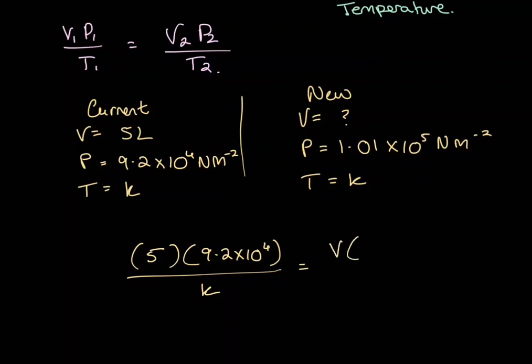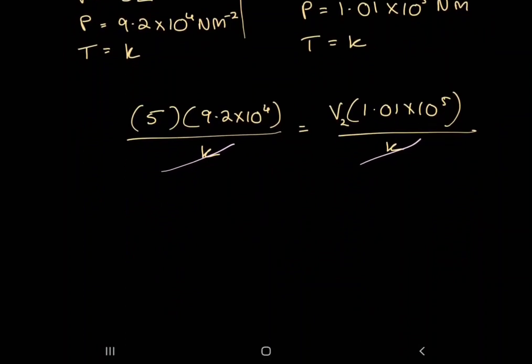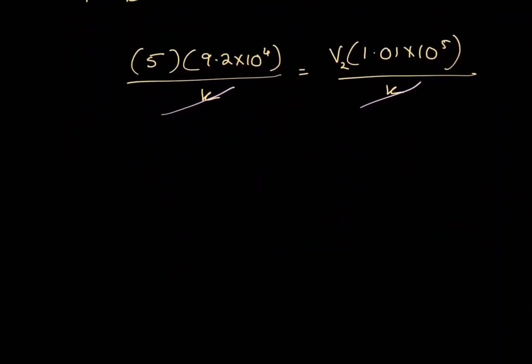Don't know the second volume, V2. And what can happen is that we can just get rid of the K's. They're both on the bottom at the end, and they're the exact same. So now with some movement of the numbers, we can get our V2. And the volume is 4.55 litres.